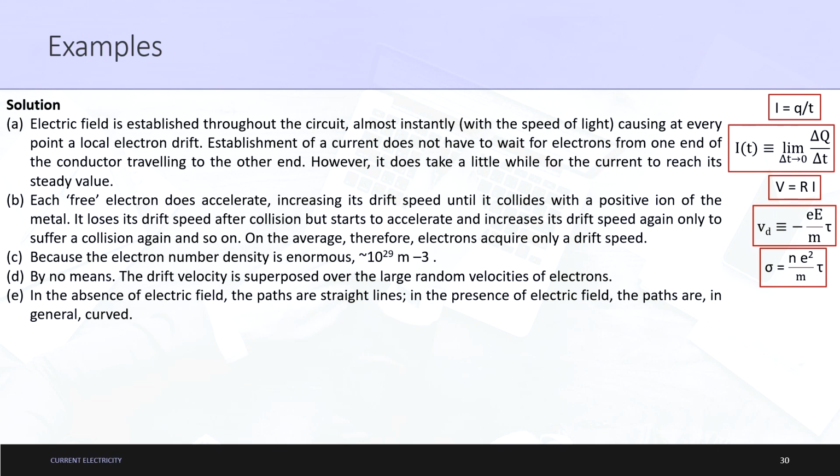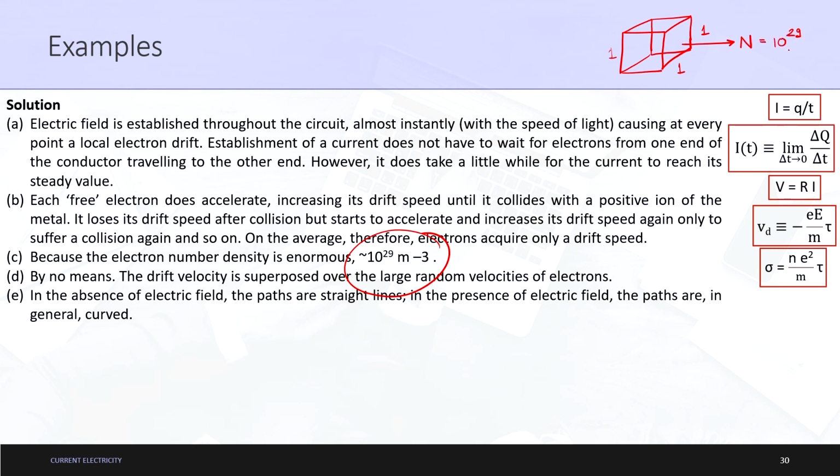It is because the electron number density is enormous, that is 10 to the 29 per meter cube. What it tries to say is, if I have a sample of 1 meter by 1 meter by 1 meter, then the number of charges, capital N, is equal to 10 to the power 29.